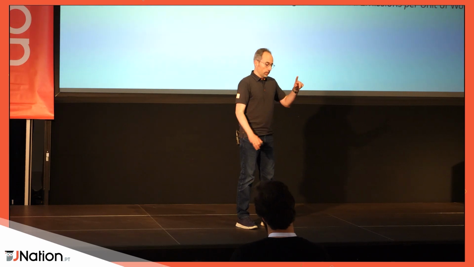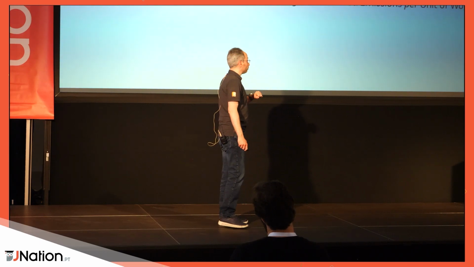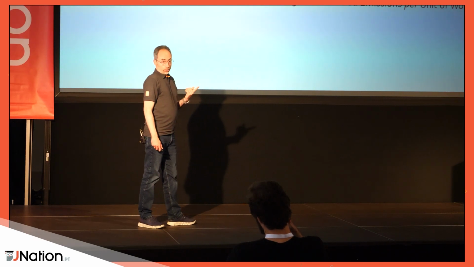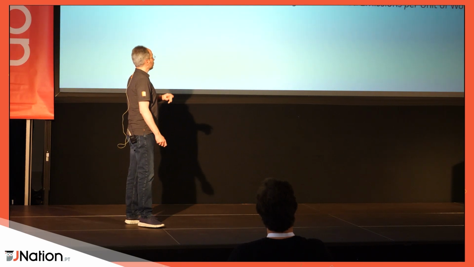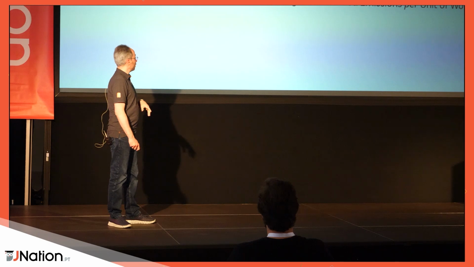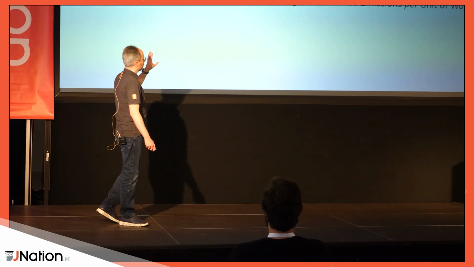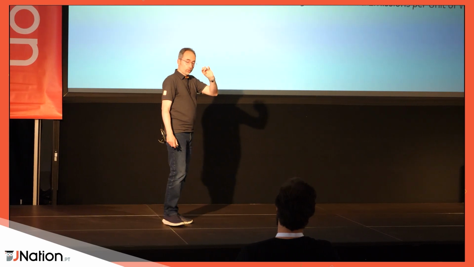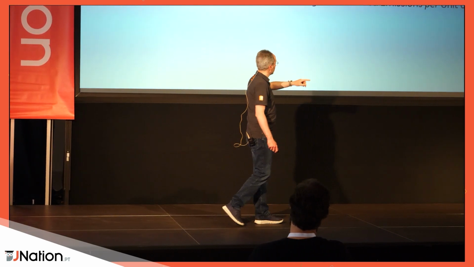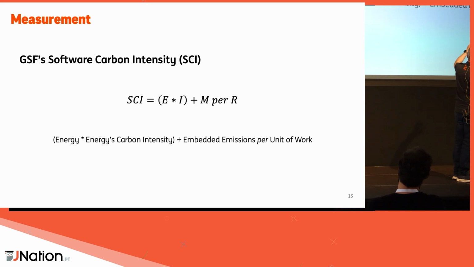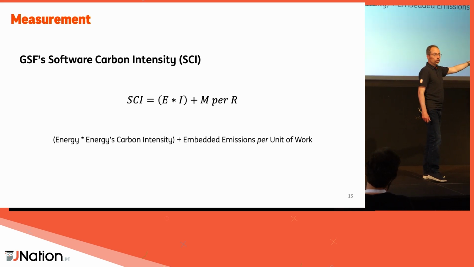There is an expression from a measuring method being worked upon by the Green Software Foundation, which is the software carbon intensity. This is not complicated, but the thing I want to point out is the last bit of the expression, where it says per R. That's per unit of work.